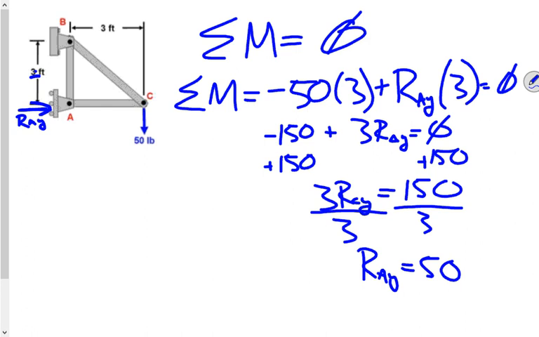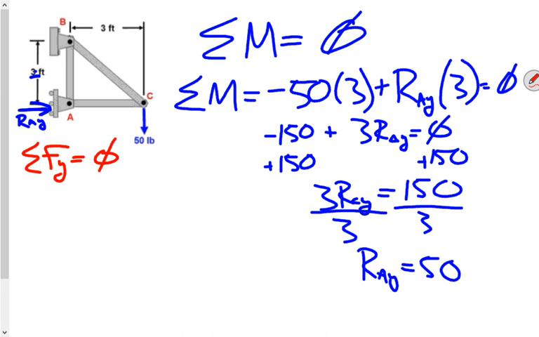All right? Now let's finish this part and just do the forces to finish up the sum of the forces. In the sum of the forces, they have to add up to 0. So we'll do Y first. We have 50 going down.